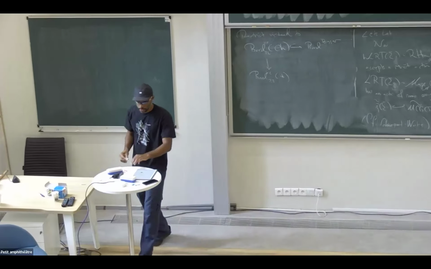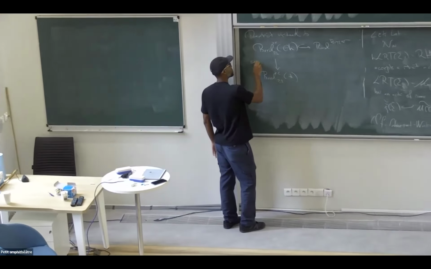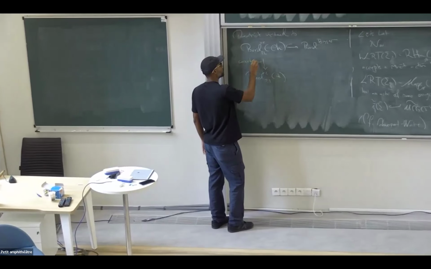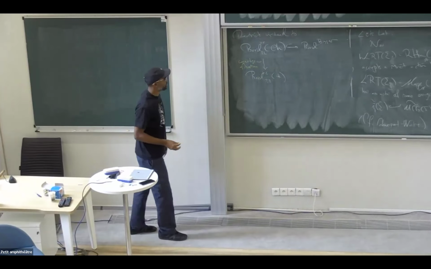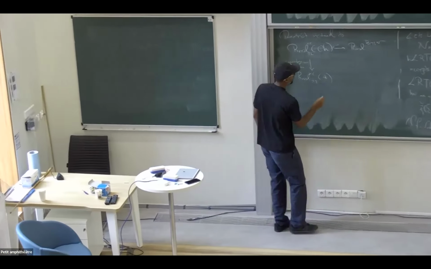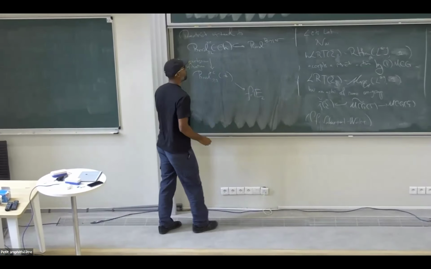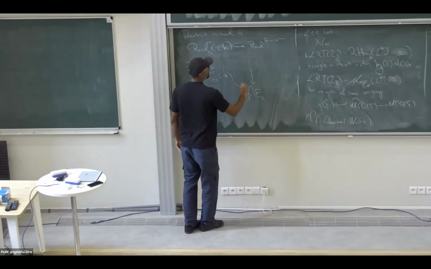And this forgetful functor is actually a co-Cartesian fibration of symmetric monoidal infinity categories. And it fits over some map to some operad.